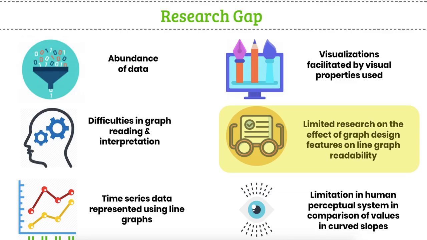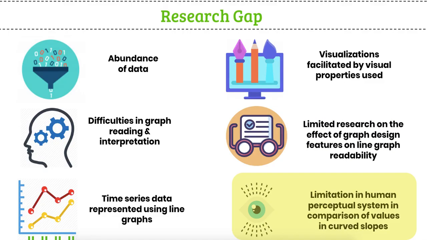Seckler, an author involved in research on line graphs, noted that there is a dearth of literature on the effect of saturation on data visualization aside from hue and brightness, even in online environments. The effect of horizontal distance between data points in graph comprehension is not well studied in literature.